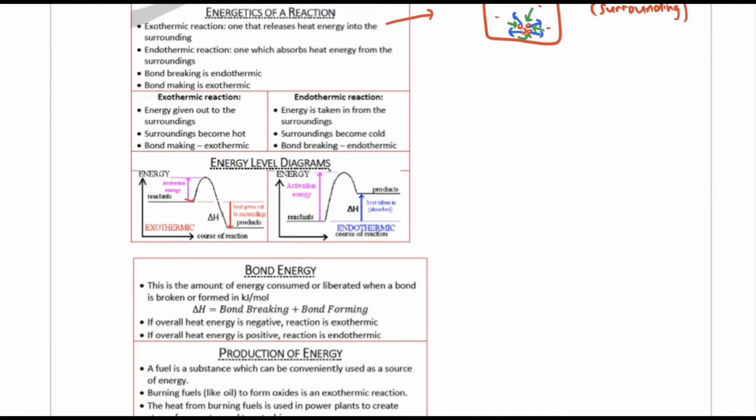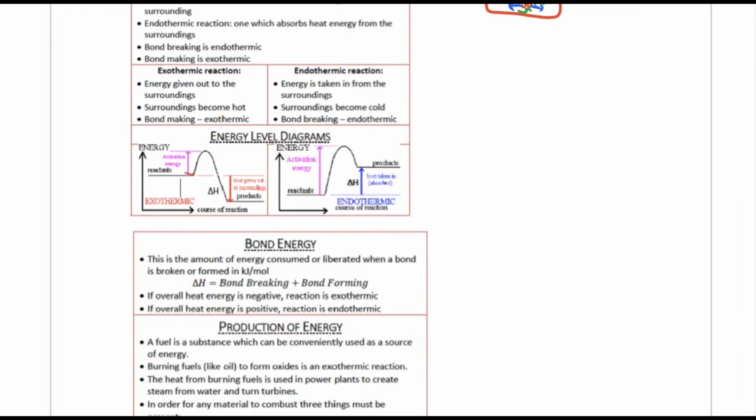Once you have activation energy, you are activated, and then you can have good results. You can go to a higher level, from IGCSE to college and university, something like that.